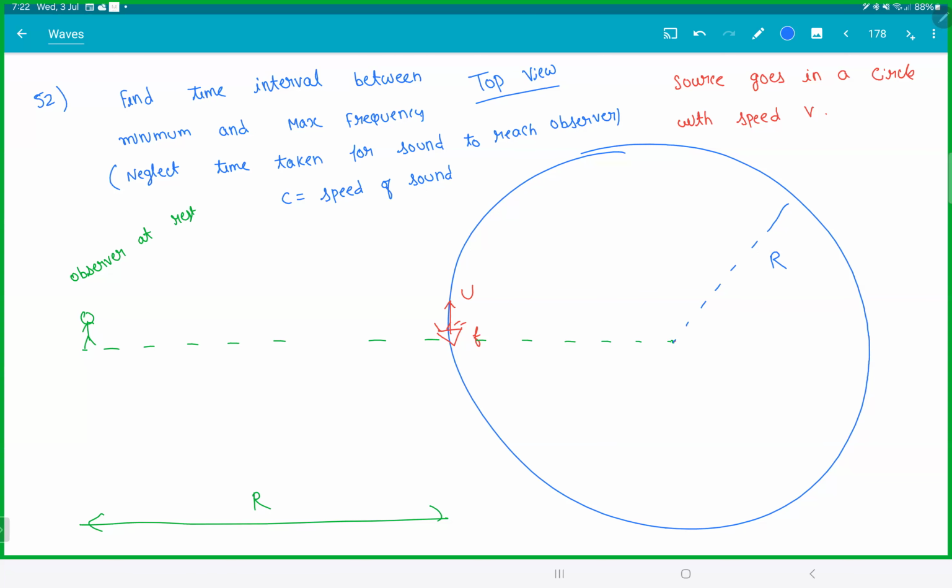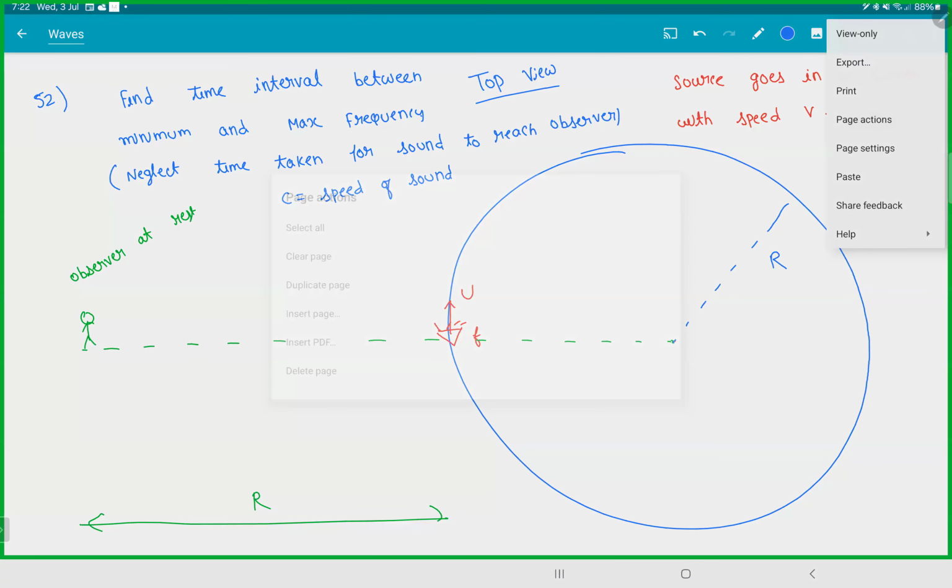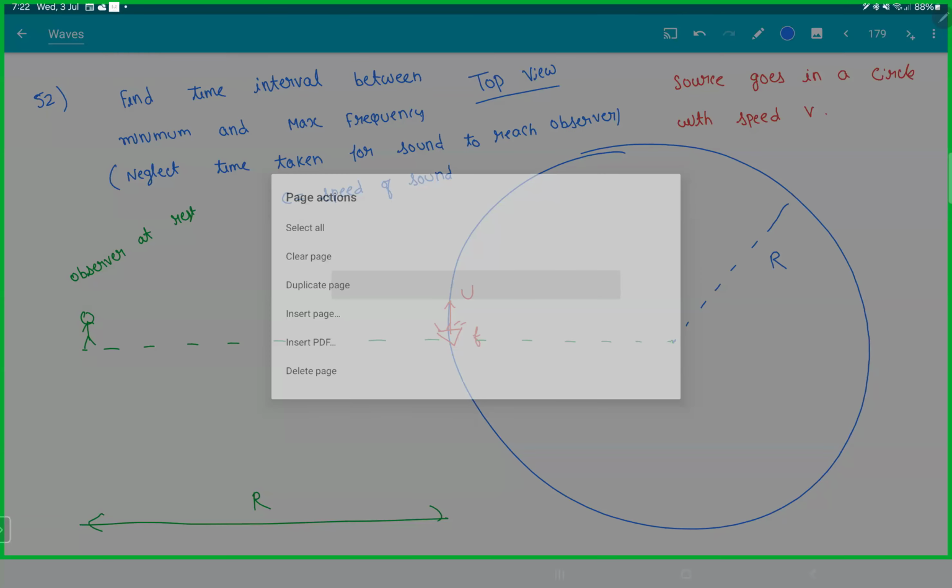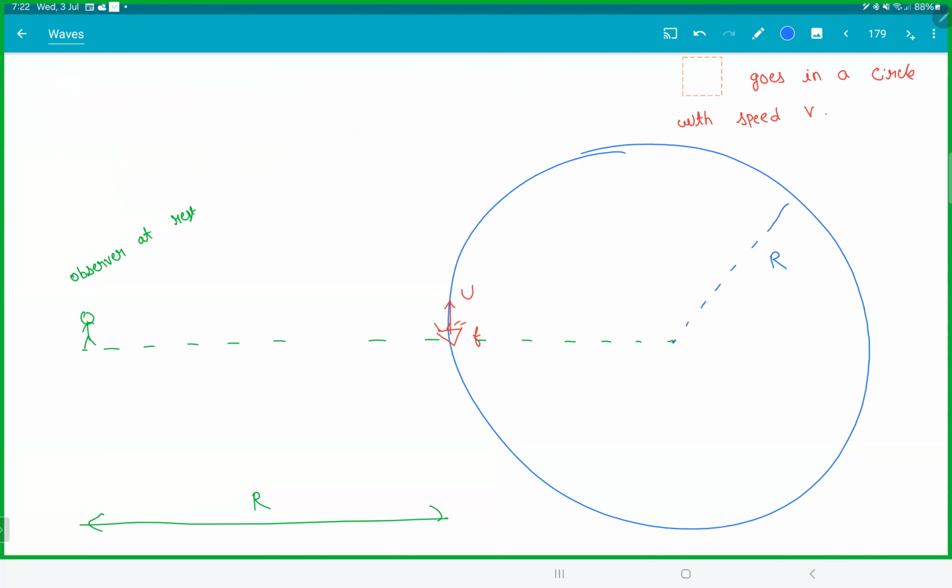Just need to figure out when you will get the maximum and the minimum frequency. See, the most common mistake now, what people think is this. They think you get maximum here and somewhere here. Now you need to understand at this point, velocity is this way. You are not interested in the velocity.